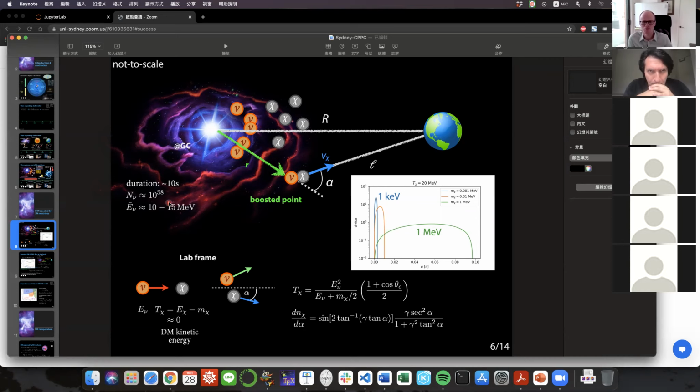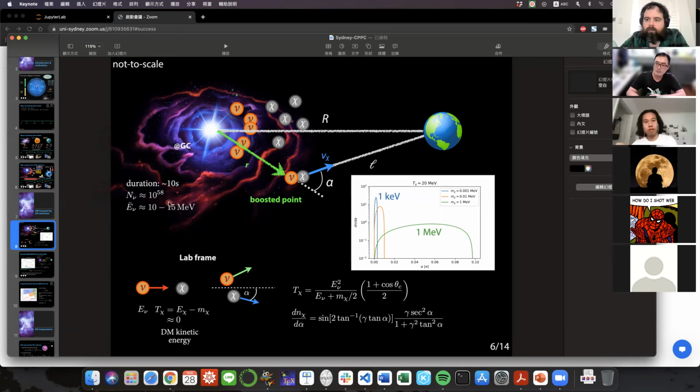Comparing with the total number of dark matter in the Milky Way halo, depending on what profile you are using, we think the total number of dark matter boosted by the supernova neutrinos is much smaller than the total number of dark matter in the halo. So this is just a guess, we didn't do any thorough calculation, but we guess the supernova boosted dark matter will not affect the structure of our halo. Okay, great, thank you.